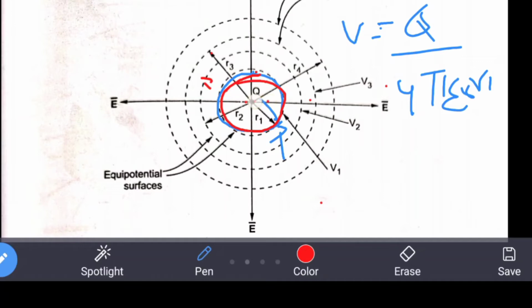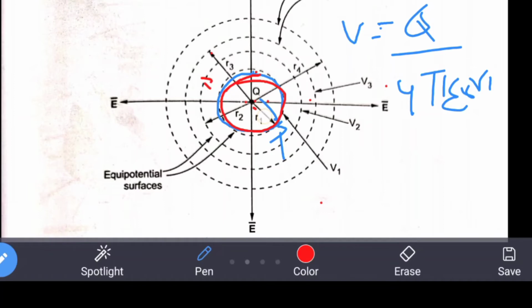Here the distance is R1, that may be R also. When the distance is R1 from the point Q, the potential is the same, and the surface joining all such points is known as an equipotential surface.